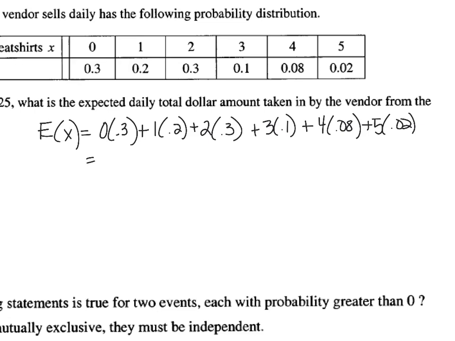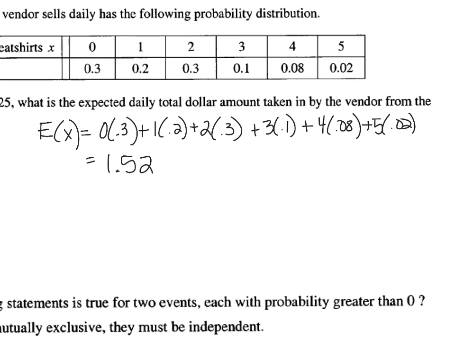So my expected count comes out to 1.52. Okay, so the expected number of sweatshirts that this vendor is going to sell is 1.52.